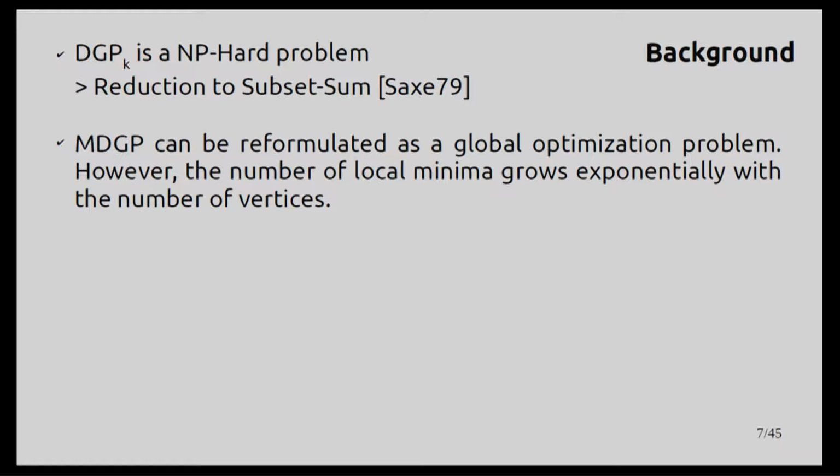This problem is known to be NP-hard. It can be reformulated as a global optimization problem. The problem with this approach is that the number of local minima is too large, so there is no hope; the problem is not easy.